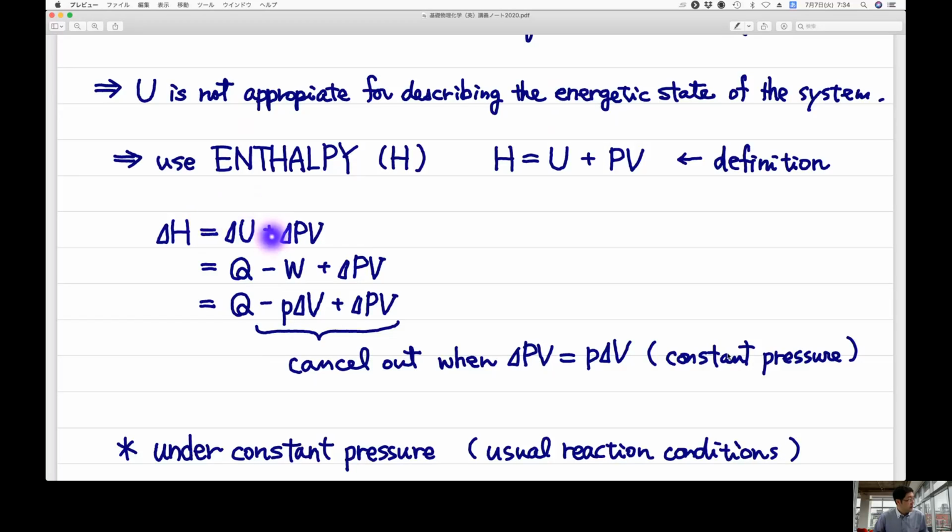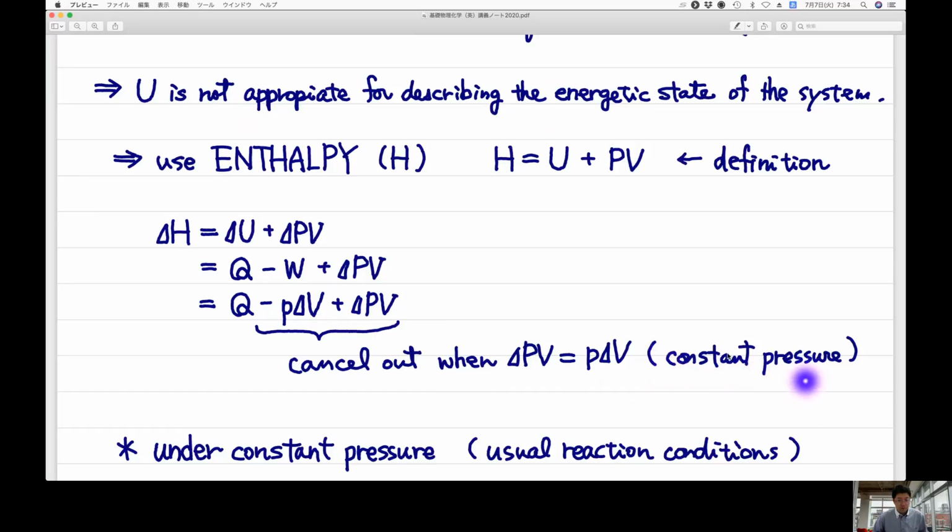Change of internal energy can be described by Q minus W, and the W part can be described by P delta V. Then this part, I mean the minus P delta V plus delta PV, can cancel out when delta PV equals P delta V.